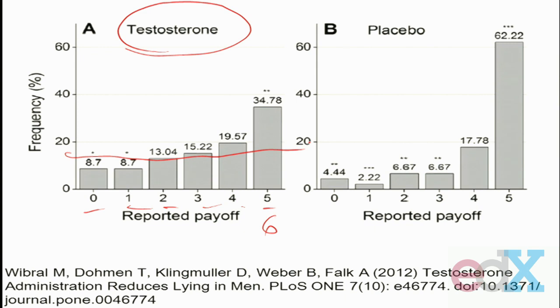So there is a little bit too much here in the testosterone group, who would lie to get that extra money. Whereas with the placebo group, look at that. So they conclude from this, and there's the title: Testosterone administration reduces lying in men.